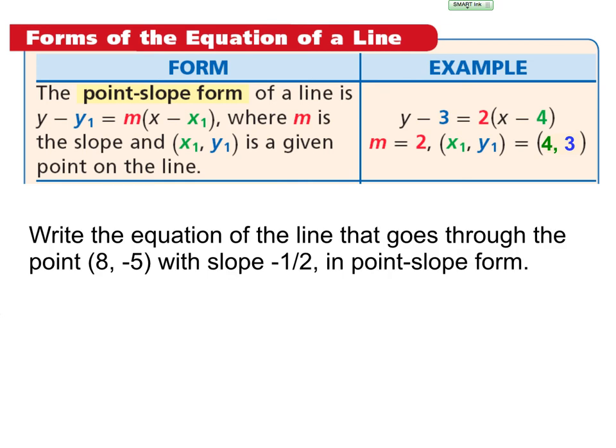So I want you to give me a sample here. Show me that you can substitute in correctly. Write the equation of the line that goes through the point (8, -5). The slope is supposed to be -1/2. And I just want it in point-slope form. I'll ask you all to show me the boards at the same time so that I can keep track better of who has shown me and who hasn't.